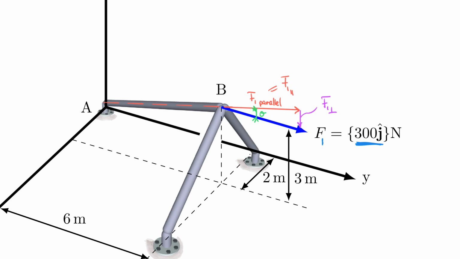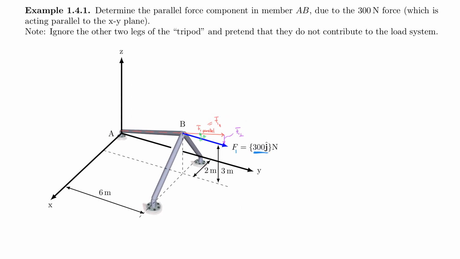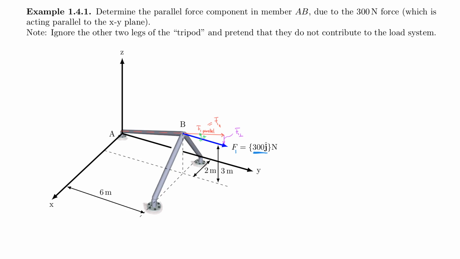But once again, I want you to understand that we always have 2 components that are the result of a force acting not perfectly parallel or not perfectly perpendicular to a member. So of course, if your force was acting perfectly parallel, then you wouldn't have a perpendicular component.